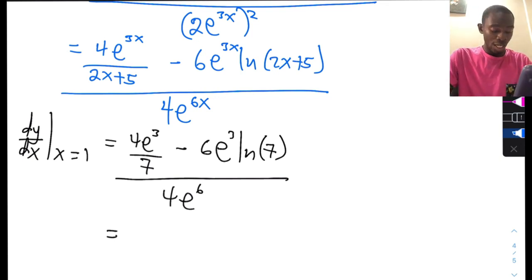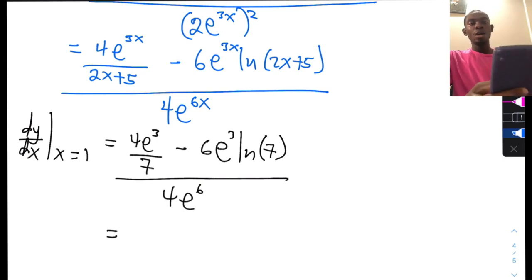So it's 4e to the power 3 over 7, minus 6e to the third power, ln of 7, all over 4e to the 6th power.